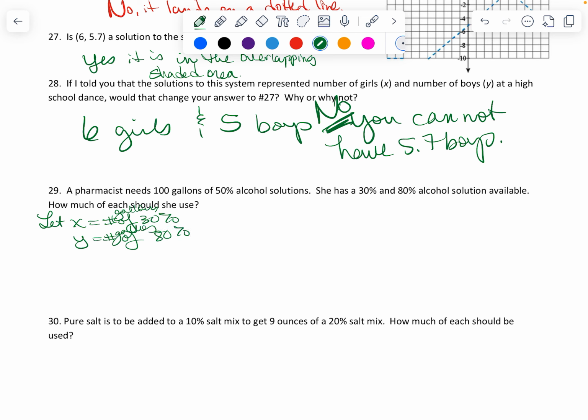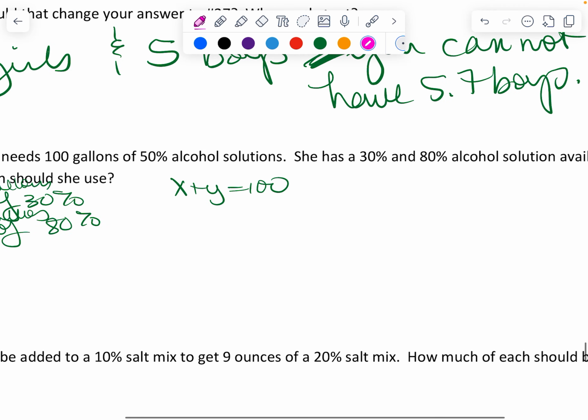So we need a total of 100 gallons. So X plus Y is 100 gallons. Then the acid in the solution. We have 30%. We have 80%. And we want 50%.